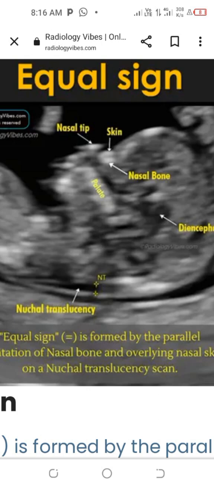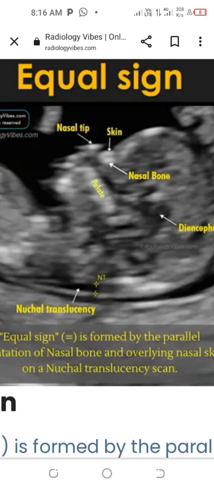If the value is 3.5 to 4.4 mm, there is a 20% risk of developing the disease of Down syndrome. If it is more than 8.5 mm, there is a 70% risk of developing disease. So the cutoff value is usually 3.5 mm.